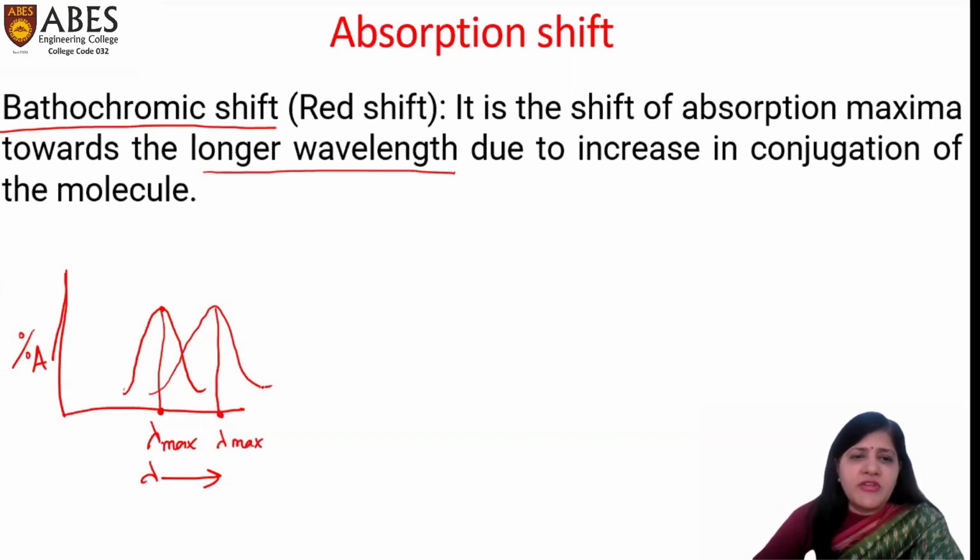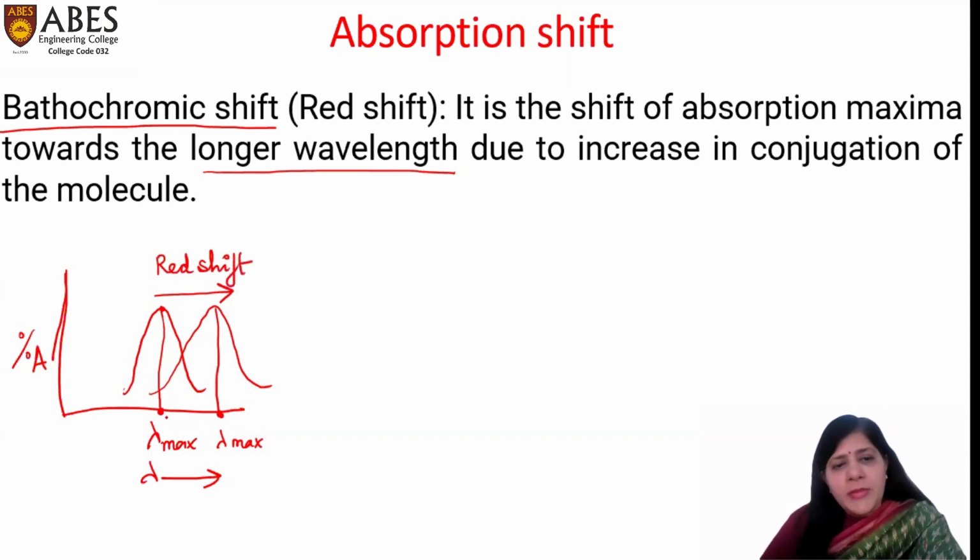So in the bathochromic shift or redshift, the lambda max shifts towards the longer wavelength. This is the lambda max when the conjugation was less, and this is the absorption maxima when the molecule has enhanced conjugation.